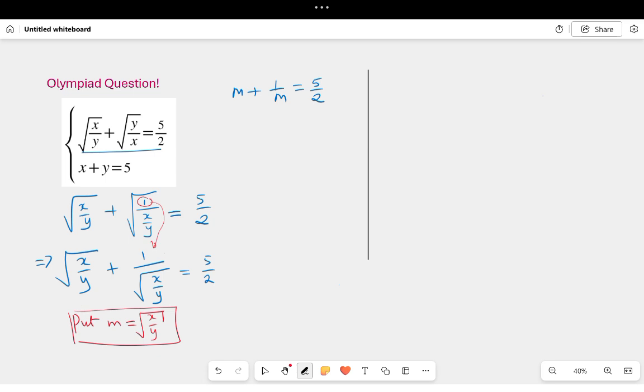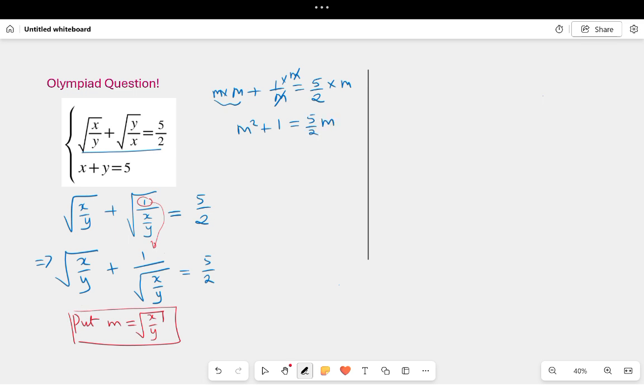Multiplying by m to get rid of the denominator, you multiply by m over here and over here. This m and that m cancel out. Now this is going to give us m squared plus 1, which is equal to 5 over 2 m.